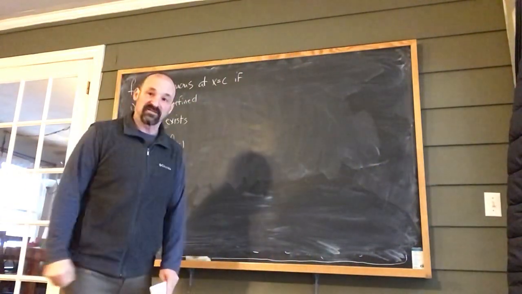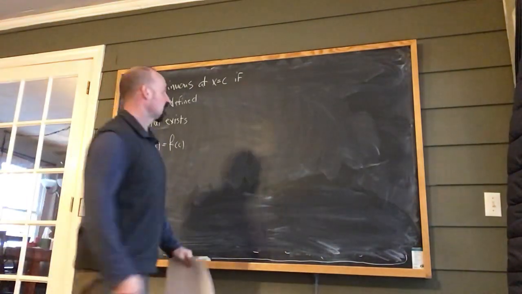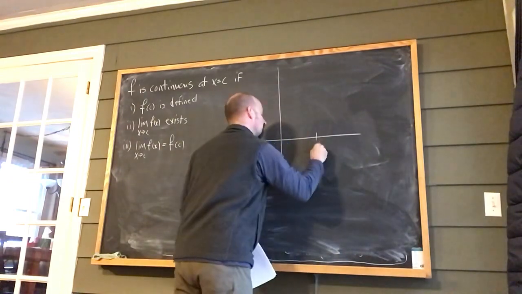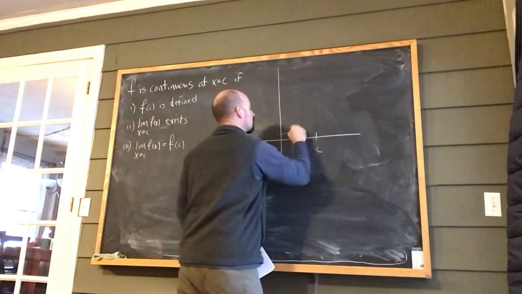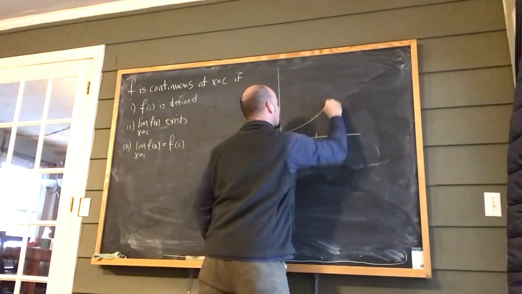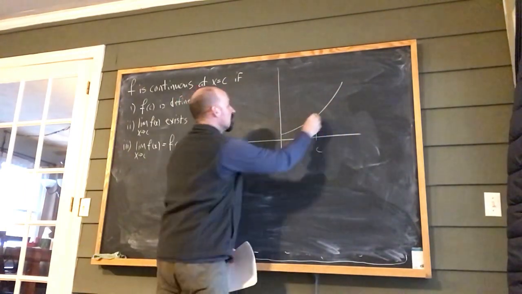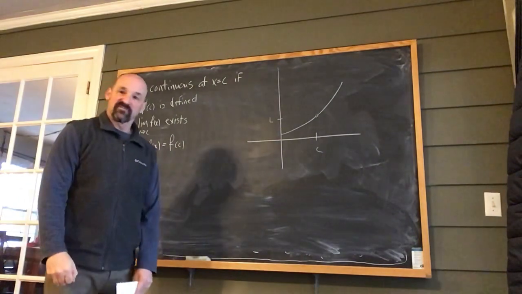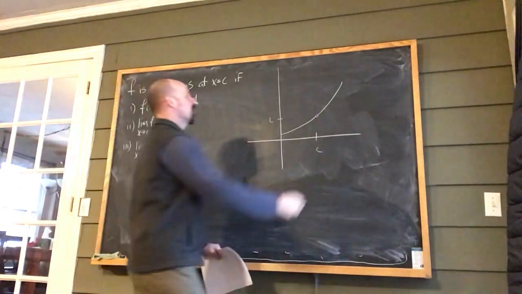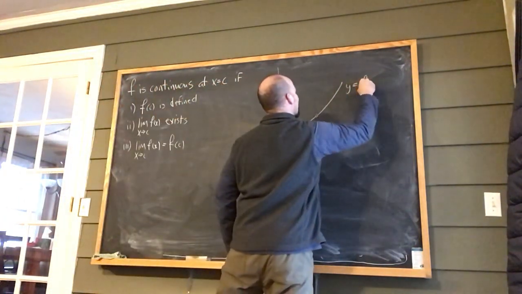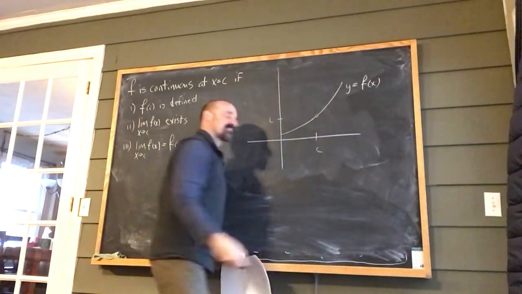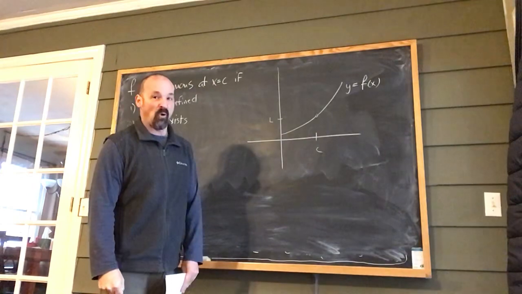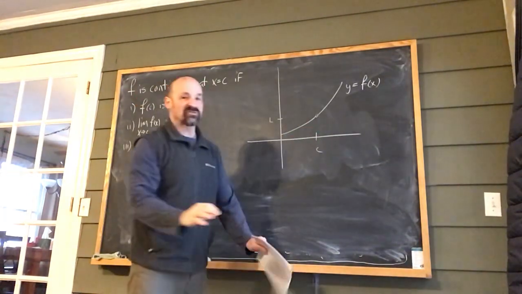So let's take a look at some different types of discontinuities. Let me put this graph up here. Here's our c, here comes my function. Open circle there, let's call this L. Now this function here, we'll call it f. Note first that the graph has a hole in it right here, so the function's not continuous.